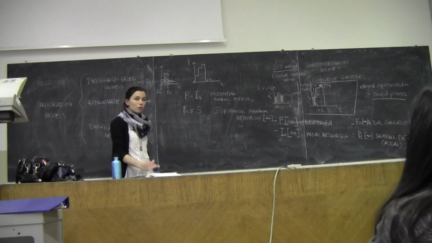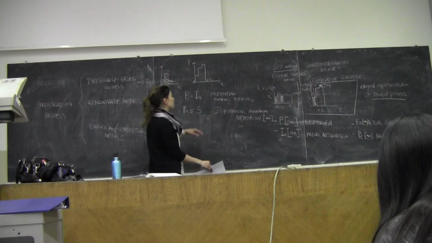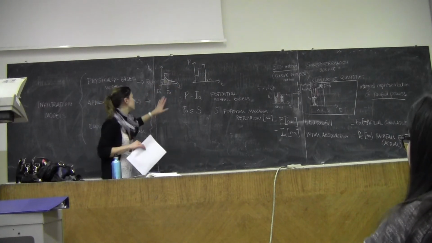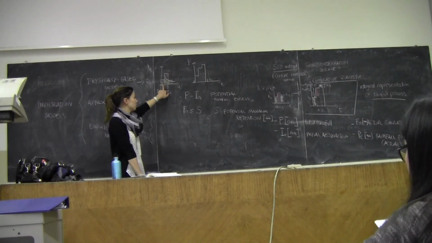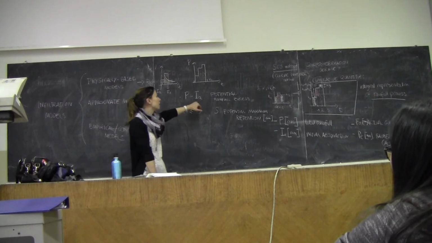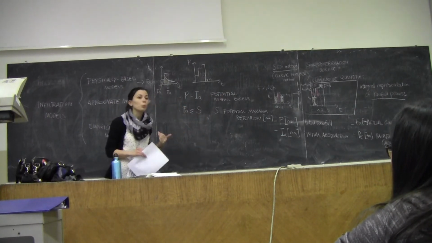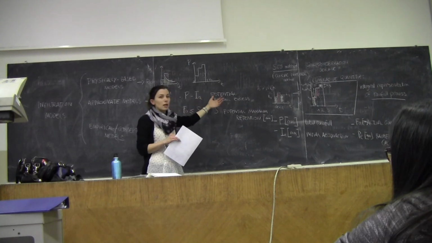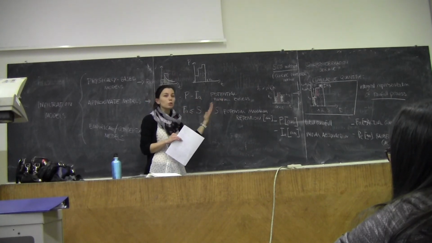So we have the total rainfall. At the beginning of the rainfall, we have a fraction which does not contribute to runoff, so it immediately infiltrates. And this is IA. So P minus IA is the potential rainfall excess. So potentially, I have this rainfall excess which may contribute to runoff.